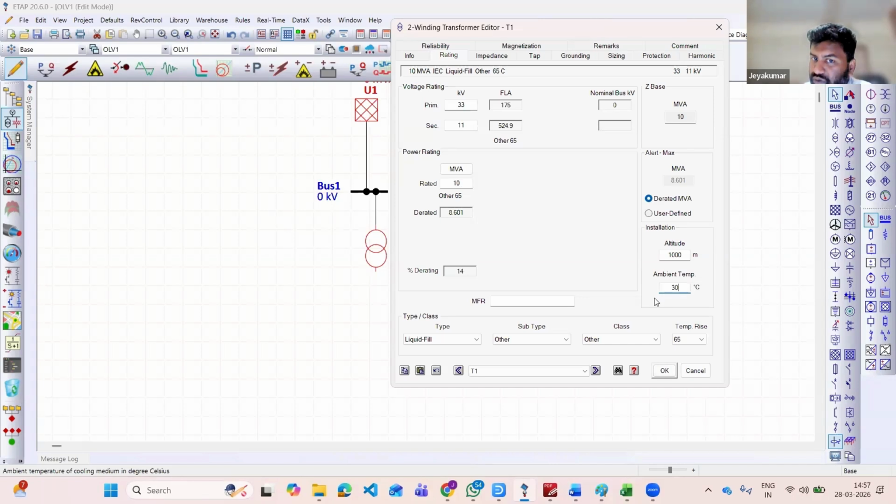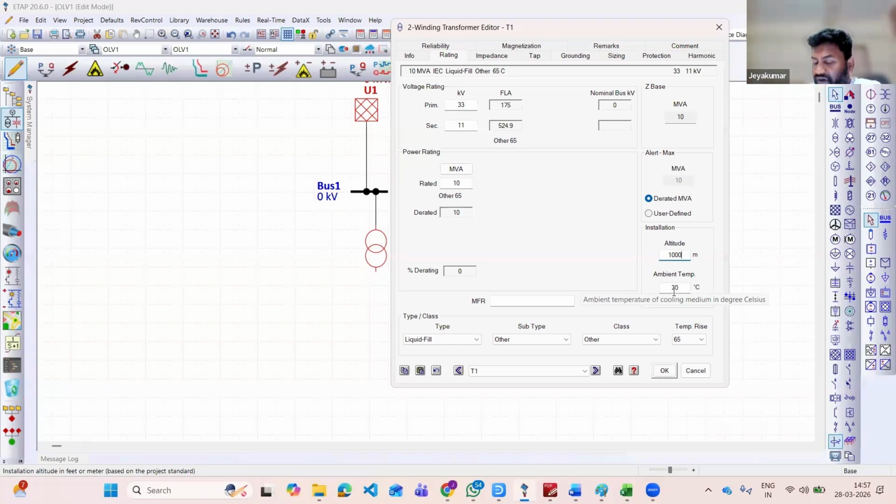You have to keep it as it is. Do not change that while using the software, because the software is just mathematical stuff. In reality it won't be like that, right? So you should not use it. Ideally, the manufacturer will give a transformer suitable for 45 degrees Celsius, which means again that will be a 10 MVA only.